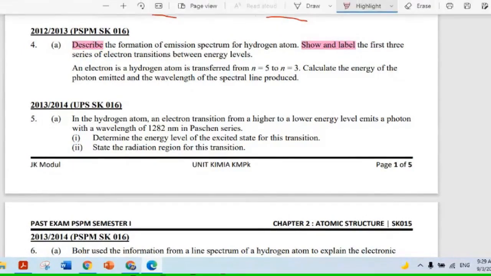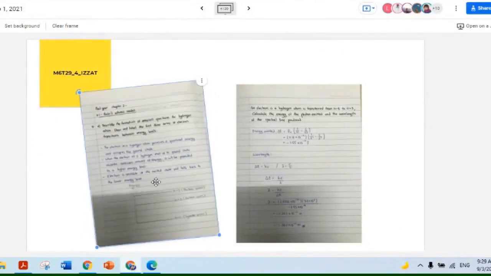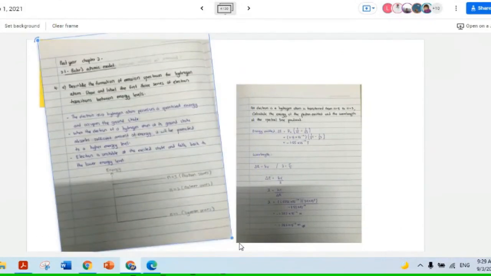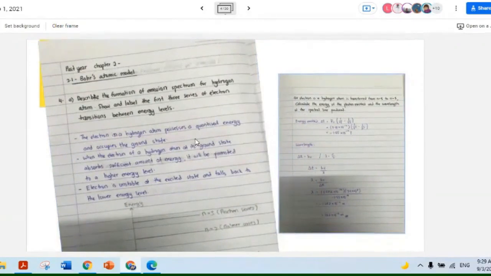Okay, let's see whether the answer is the same. Okay, can everyone see? Let's look at the keywords. The electron in the hydrogen atom possesses a quantized energy and occupies ground state.